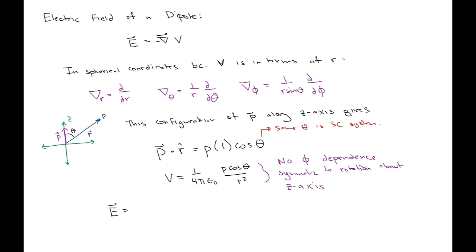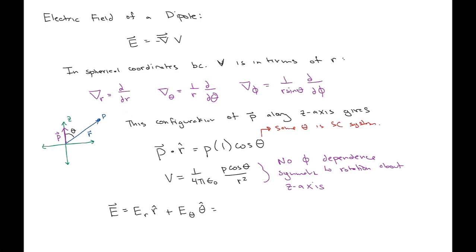And this is going to be equal to our magnitude of the electric field in the r direction times r hat plus the magnitude of the electric field in the theta direction times theta hat. These are pretty easy to apply. I just need to take the gradient of our potential with respect to r to get this component, and then the gradient of the potential with respect to theta to get this component.